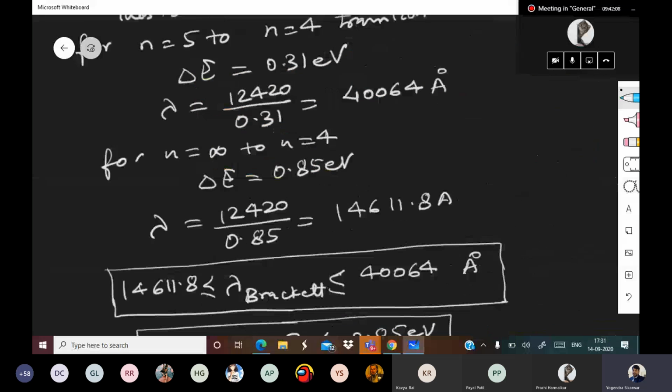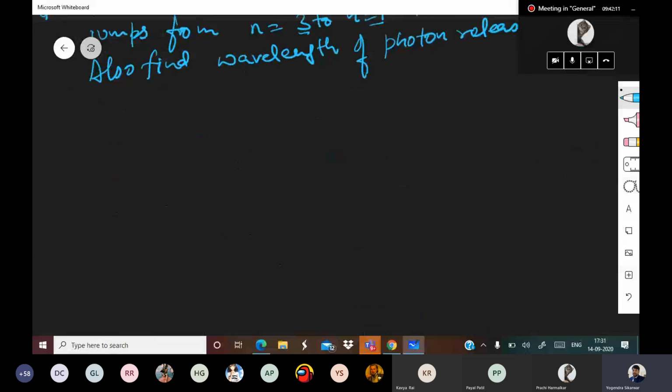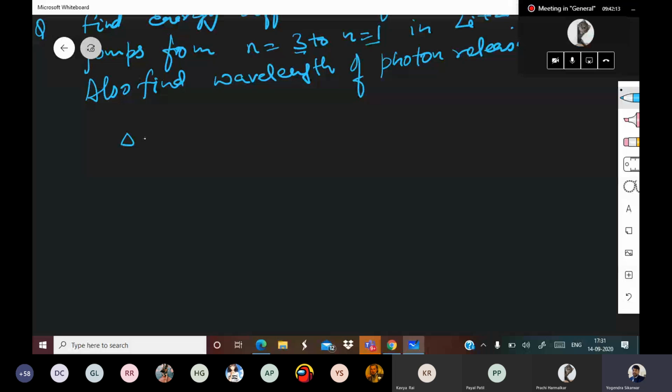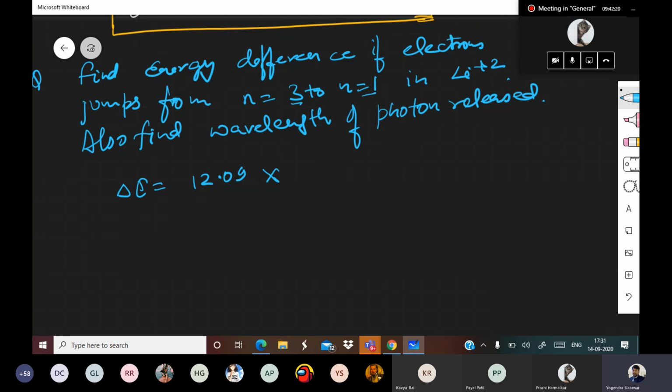But be very clear that delta E is equal to 12.09 into Z square, and this is Li+2, that means into 9.